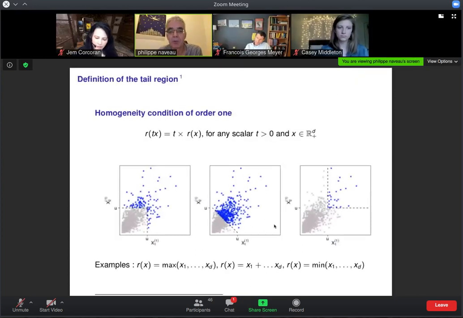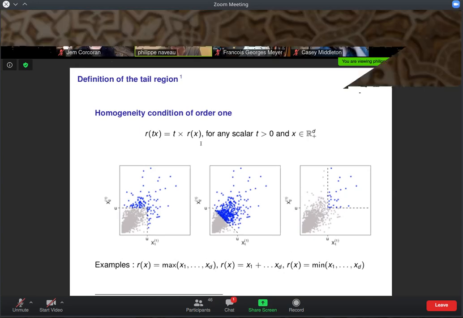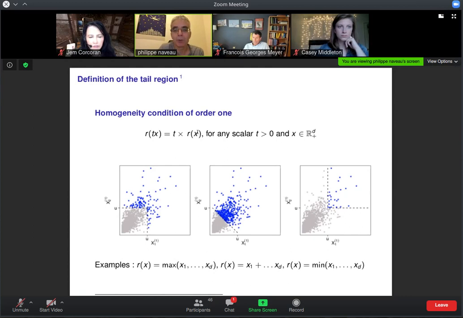So let me give you a picture for that. What people ask when they do extreme value theory is they like to have a homogeneity condition, which is: if you take X and you multiply by a scalar T, then it's going to be just the product of T by R of X. So what could be R of X? For example, on the left, here I have the threshold U, here X1, X2 on the axis, and then this is going to be the max.